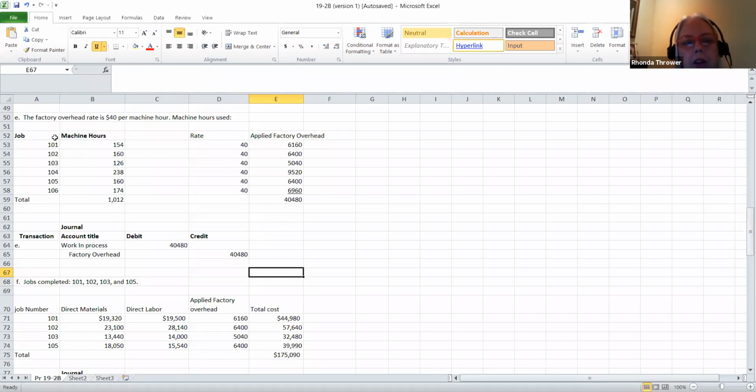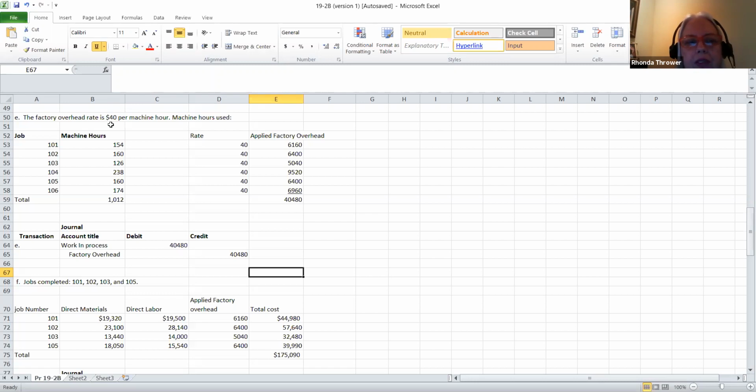In Part E, they're telling you that the factory overhead rate is $40 per machine hour. Machine hours used, they have given you. Notice they've listed each job and the amount of machine hours that it took for each one of these jobs. The factory overhead rate is a rate that we would apply to our factory overhead. You might remember in the discussion for this chapter that we estimate the amount of the factory overhead based on a predetermined overhead rate.